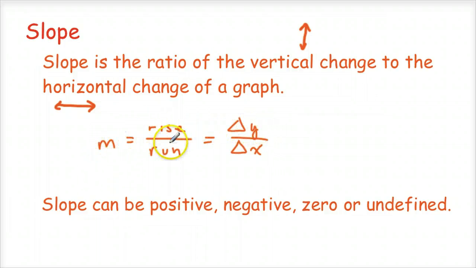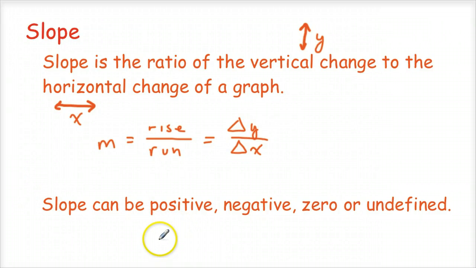So slope is rise over run, or it's the change of our y values, because remember y is like the vertical axis, the y-axis is the vertical axis, to the change in our x values, which is the horizontal axis.